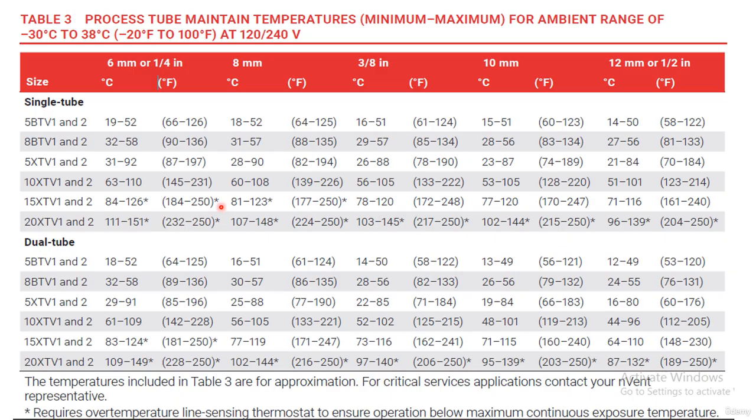Go to the column with the tube size you selected and find the heating cables that will maintain the tubing bundle at your minimum temperature requirement or higher. If you find more than one heating cable will maintain your application's temperature range, choose the cable with the lowest maximum temperature. A thermostat should be used if the maximum temperature in the table exceeds the maximum desired value.